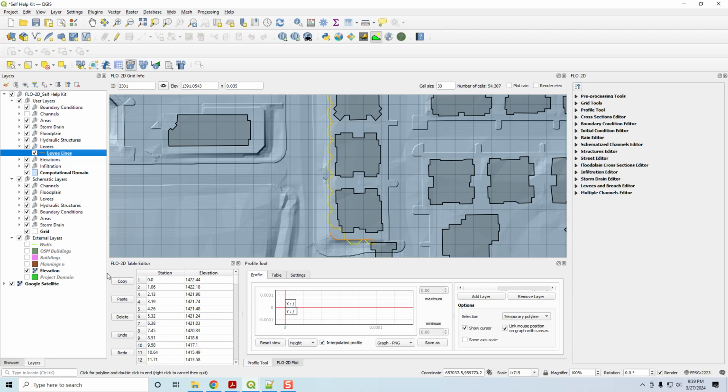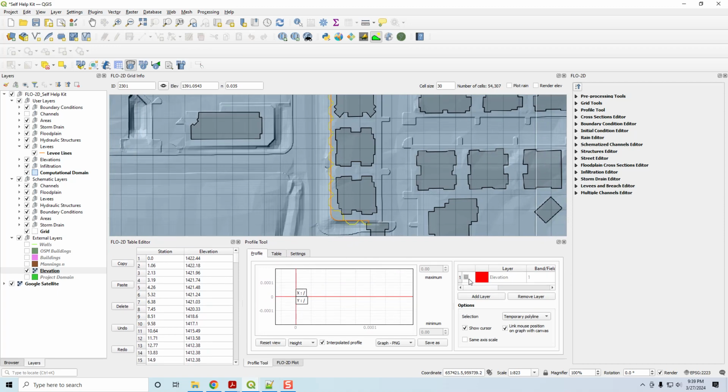And then I can add our elevation to our profile tool, and you would be able to see it right here. And then we can just click a line across there, and yeah, that looks like it is going up a little bit higher, it's actually going up to 1395 feet.